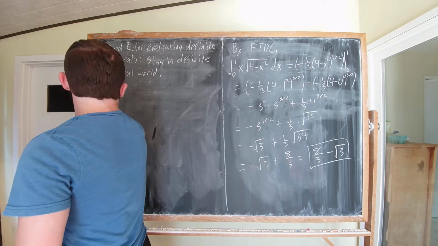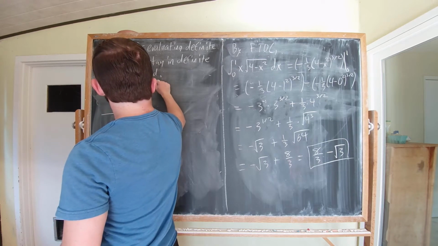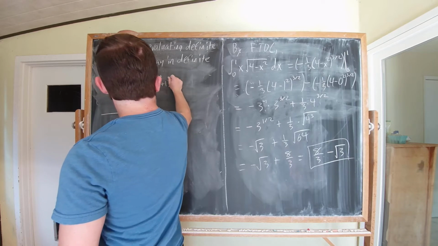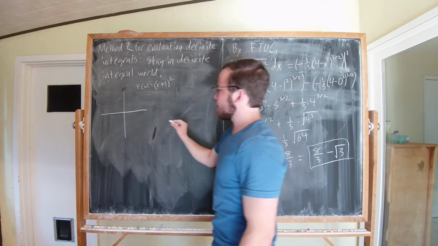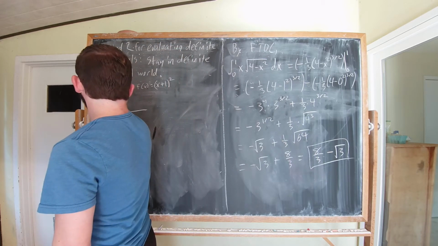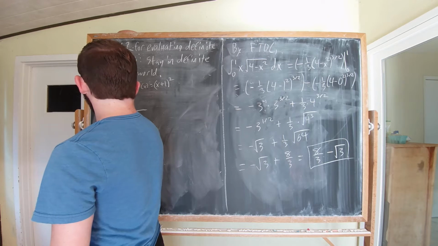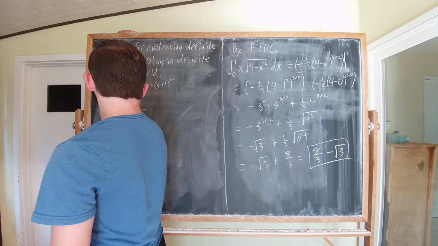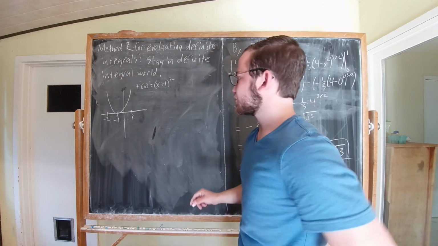Let's say we have f of x equal to x plus 1 squared. And f of x, x plus 1 squared, is going to look roughly like this. Here's -1, here's -2, there's 0, there's 1, so on and so forth.